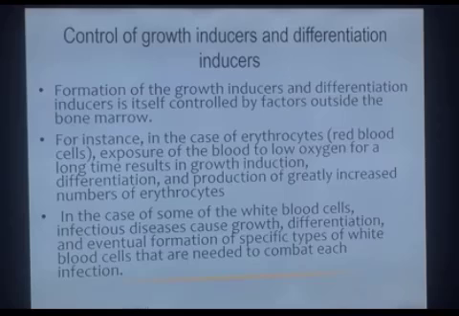Infectious agents cause production of white blood cells. These infectious agents send signals to these proteins, called growth inducers or differentiation inducers, and they are activated, and then they start the production of white blood cells.